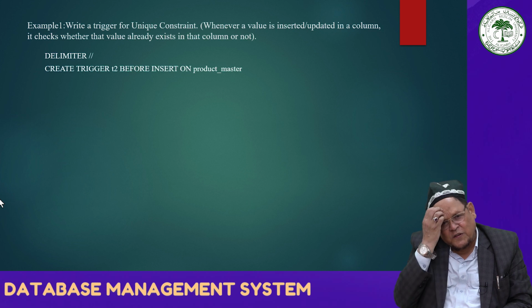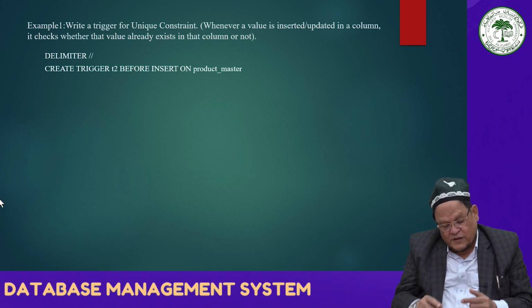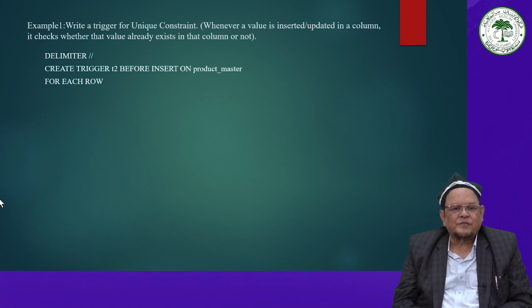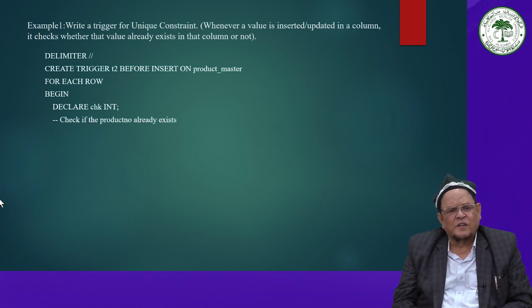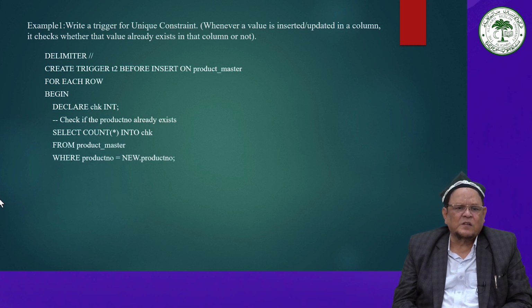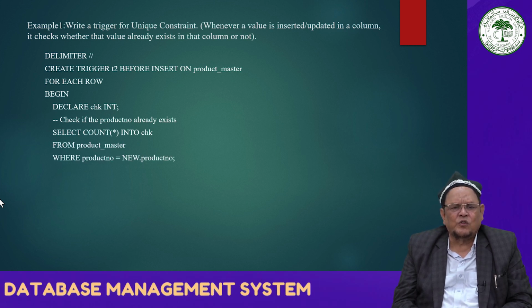It means before insert, it will check. For each row, begin, declare check integer, and then check if the product number already exists: select count into check from product master where product number is equal to new.product number.